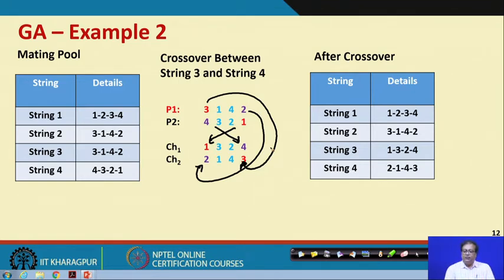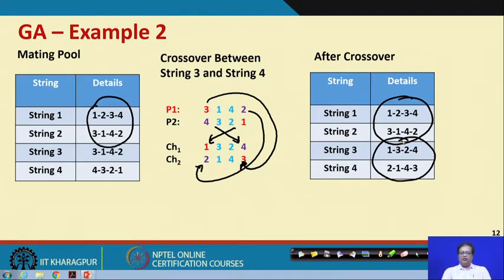Like this we have now some new strings, that is 1 2 3 4 and 3 1 4 2, these two remain as they are, they are replicated, they remained in the new population, and these 1 3 2 4 and 2 1 4 3 join in the string, right.